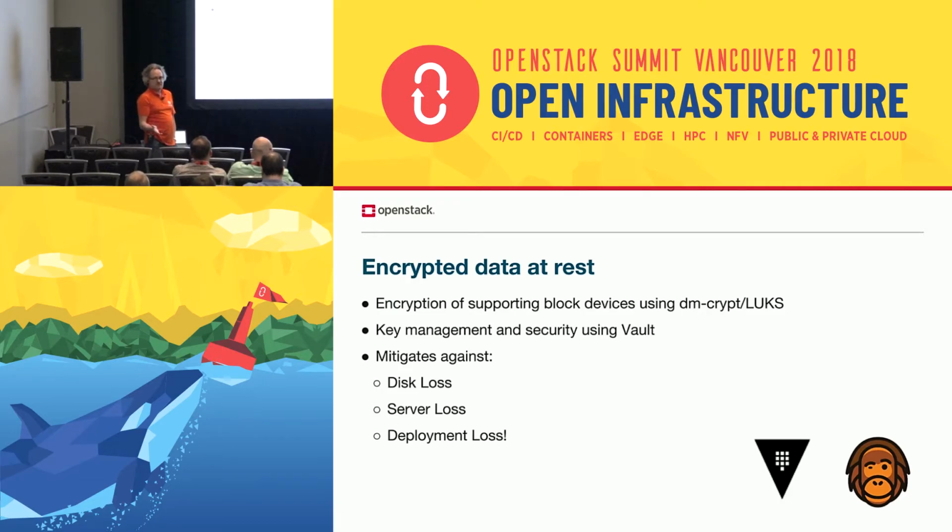So if you're using Ceph, your backend block devices will be encrypted underneath Ceph. So if someone walks out the door, they haven't got the keys to decrypt those block devices. The same goes for Swift and also for Nova Compute instance ephemeral storage. So if you're using QCOW on disk rather than a Ceph backend, you can provide a block device and that will be encrypted as well.